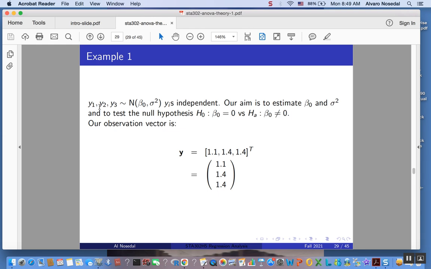If instead of using beta 0 here, I used a mu, and I told you, hey guys, we have 3 observations coming from a normal with mean mu and variance sigma square, and I need an estimator of mu, you would say, oh, mu represents the population mean for a normal.